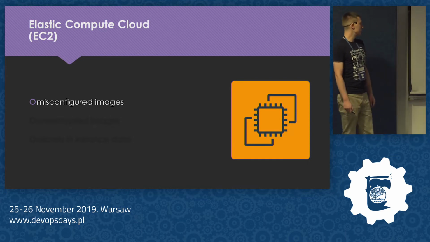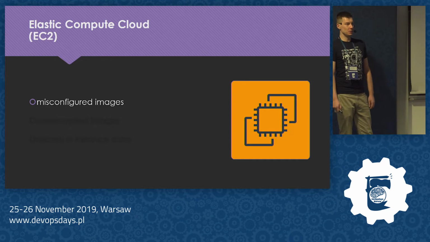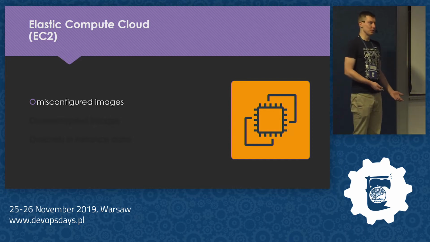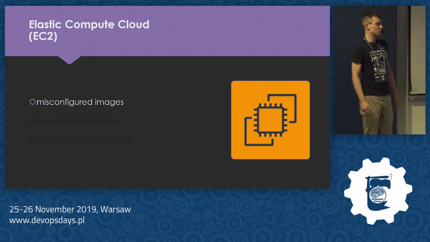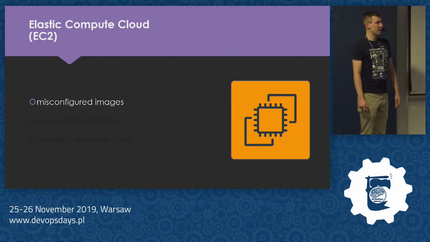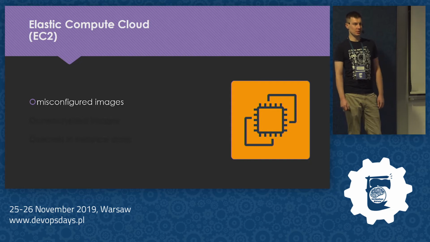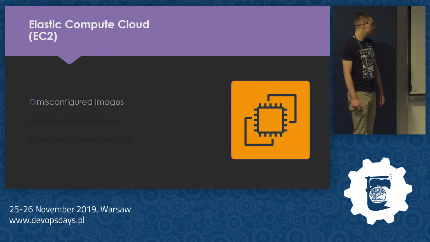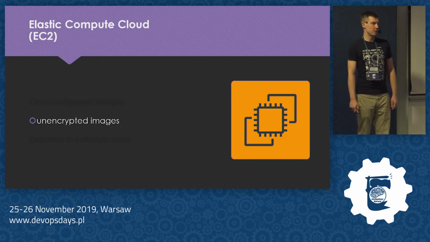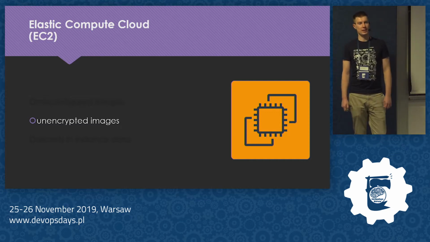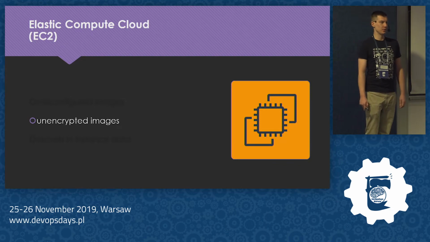You have some pre-configured images, but obviously if they're misconfigured, either on purpose or just by mistake, by not patching the operating system or some of the components of the system, that may lead to some potential security issues.